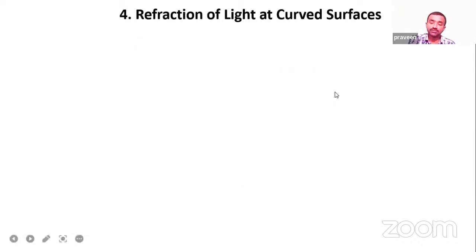Now we'll go for another topic, about a lemon. From the previous discussion, we concluded in four situations, given as cases. In case one, the light ray bends towards the normal.